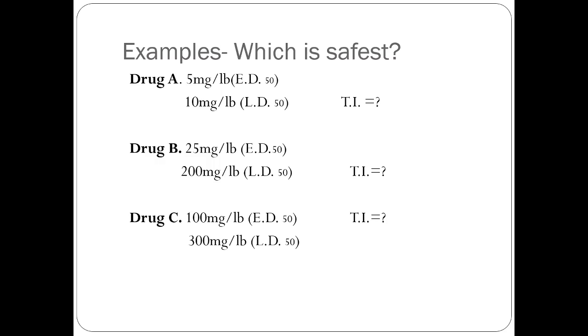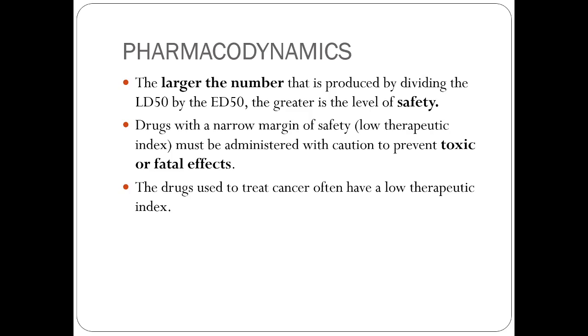Our therapeutic index is 3. So the safest drug is the one with the highest therapeutic index, or drug B. So the larger the number that's produced by dividing LD50 by ED50, the greater the level of safety.